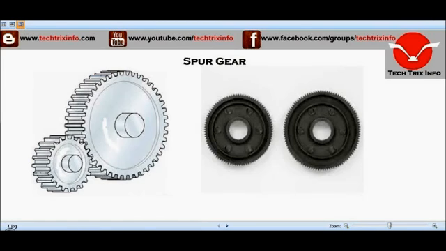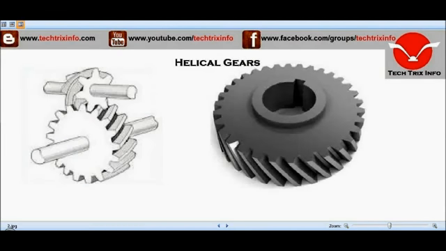To reduce this noise and stress in the gears, most of the gears in cars and automobiles employ helical gears. So now let's see helical type gears. This is how a helical gear looks. The teeth on helical gears are cut at an angle to the face of the gear.